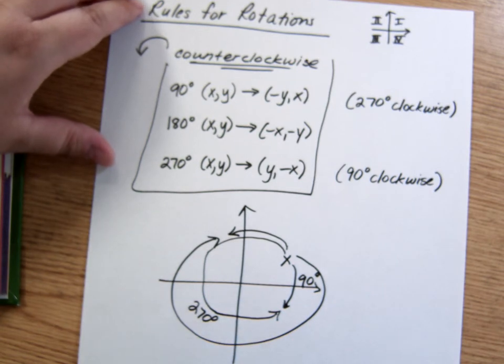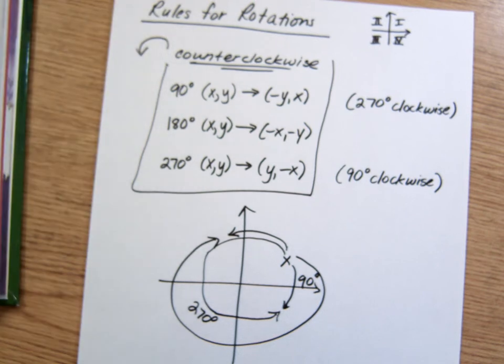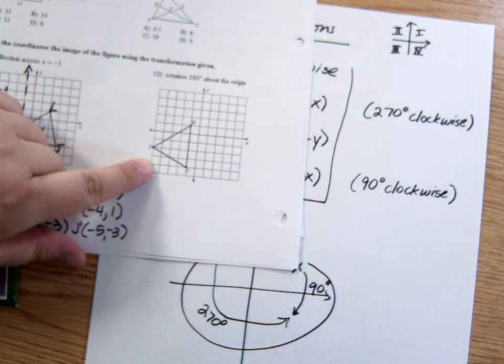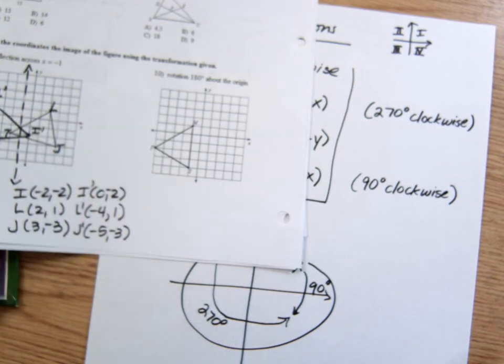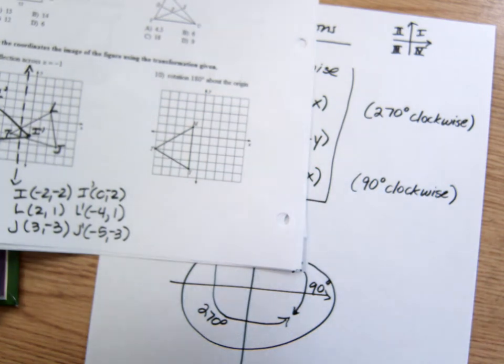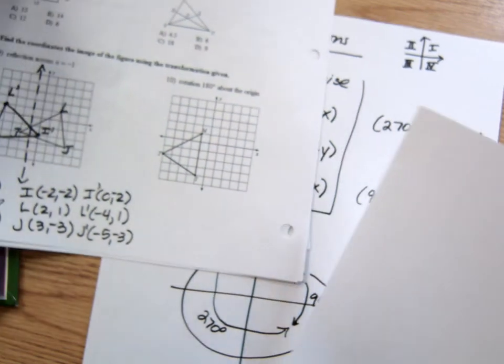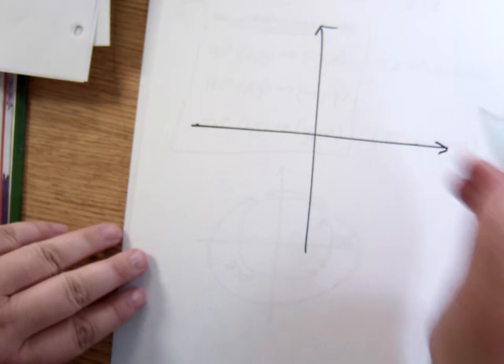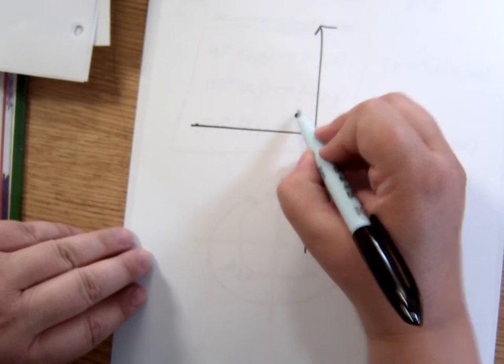So looking at this problem that my students did today as well, I have this triangle with vertices M, T, and Y. I'm going to make this bigger so you can see it a little better. How's that?